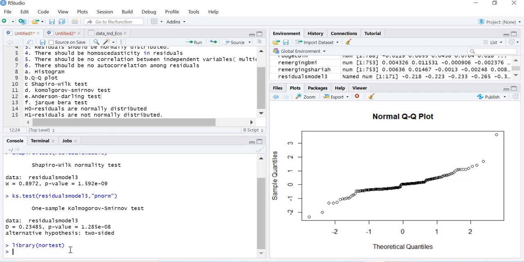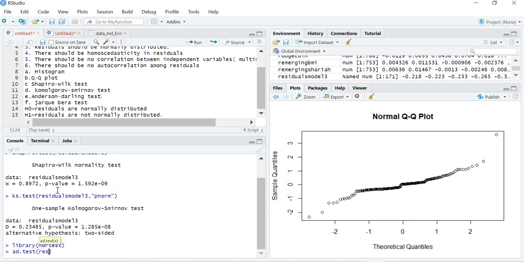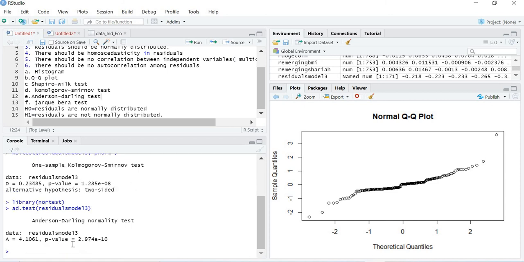Now let me check with the Anderson-Darling test. The command is ad.test and then residuals(model 3), and here is your output. The Anderson-Darling test is also saying that the p-value is less than 0.05, hence we are not going to accept the null hypothesis, so we are going with the alternative hypothesis, which says residuals are not normally distributed.